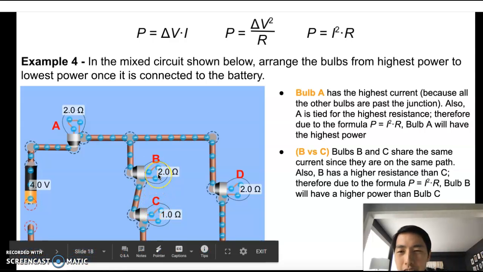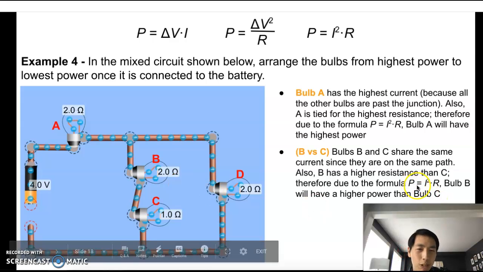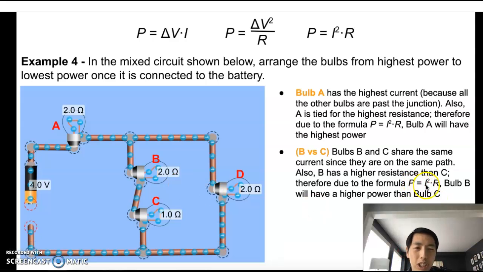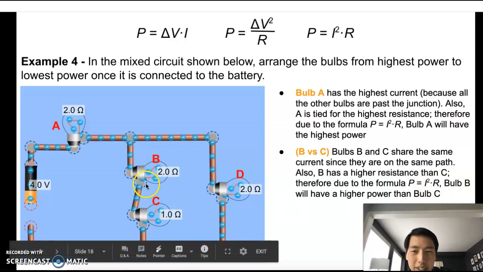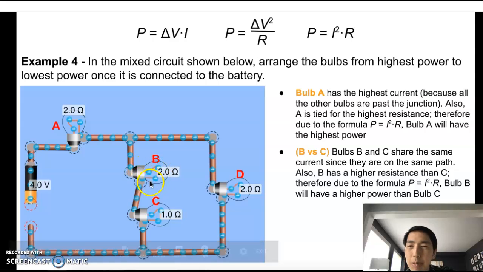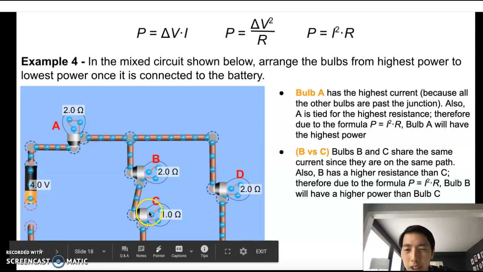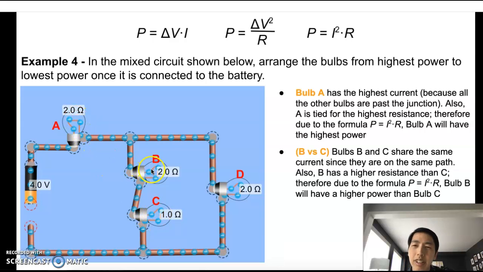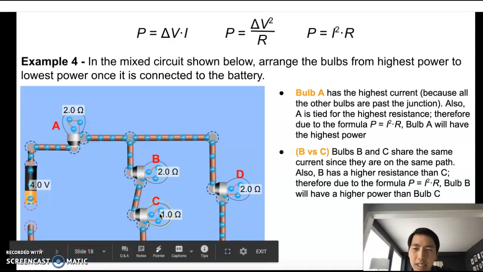But B has a higher resistance. So looking at the same formula, power equals current squared times R. They have the same current, so the one with the higher resistance, bulb B, is going to be brighter, or have a higher power than bulb C. Okay, so A is the brightest, and I know that B is brighter than C.